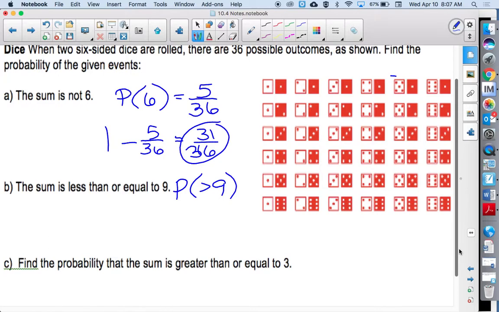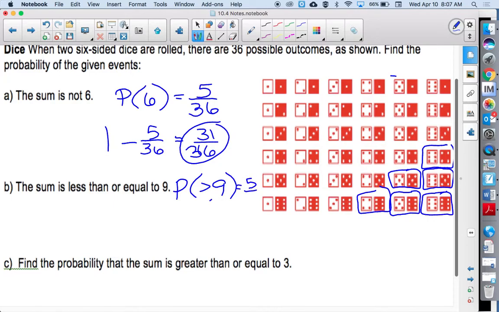So looking at all of those options, if I start in the bottom right corner, we have 12, and then we have 11, and then we have the sum of 10. And then if I go to anything else, diagonally after that, I have 9. And we just want the values that are bigger than 9. So if I add those together, again we have 5.